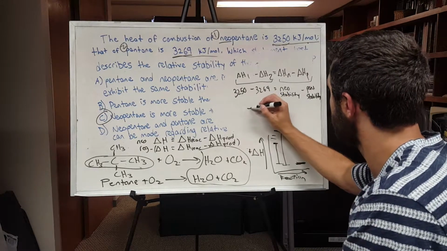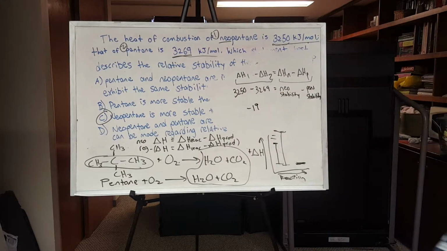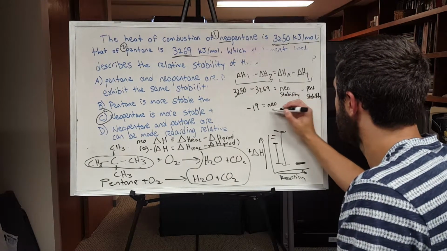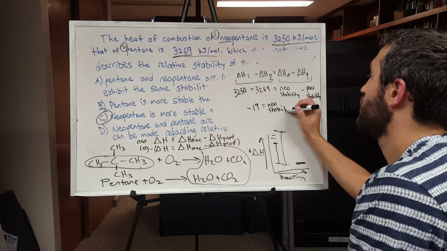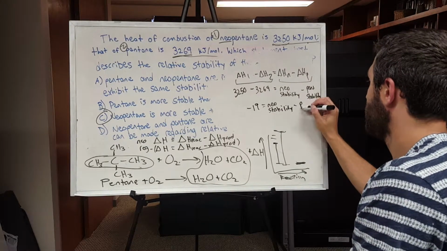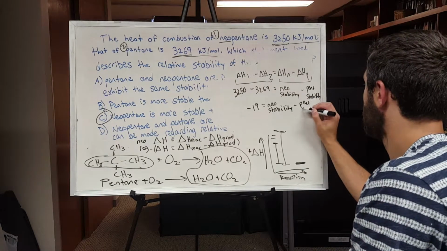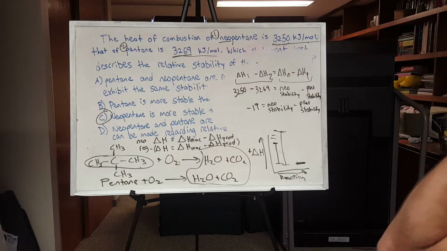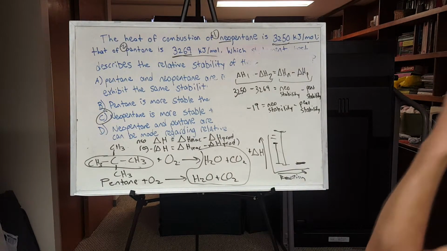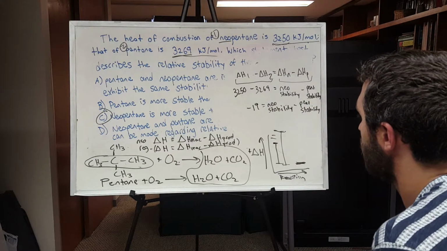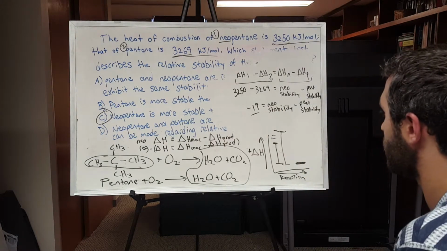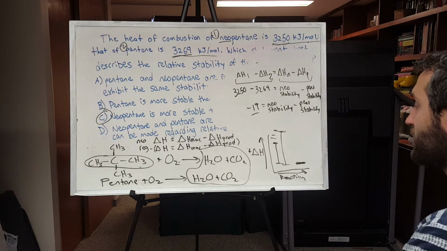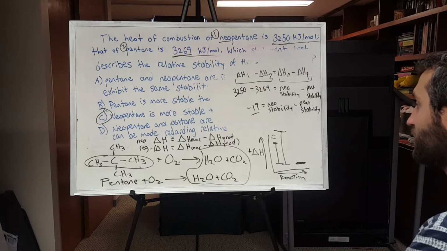And so this becomes negative 19, equals the neo stability minus the pentane stability. So for neopentane, we want lower number is more stable. So neopentane is more stable by 19 kilojoules per mole, as in answer C.